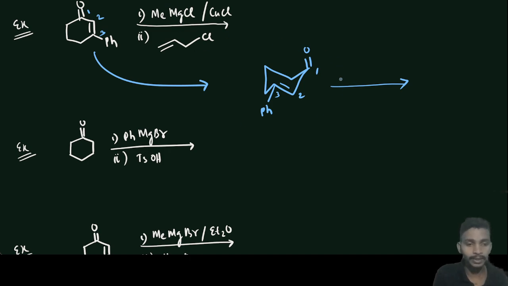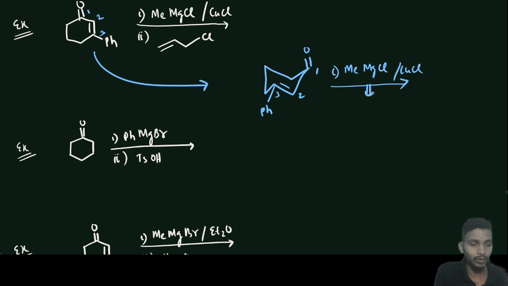Now we have the reagent, that is Me MgCl and CuCl. In the previous class I also said that whenever copper halide is given along with magnesium, transmetalation will happen, meaning the copper will exchange with the magnesium.